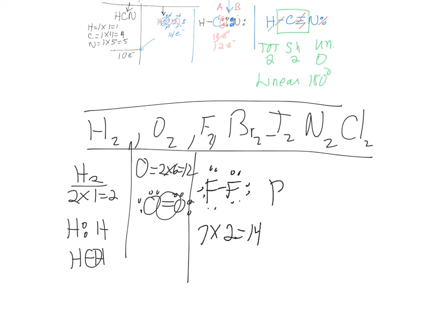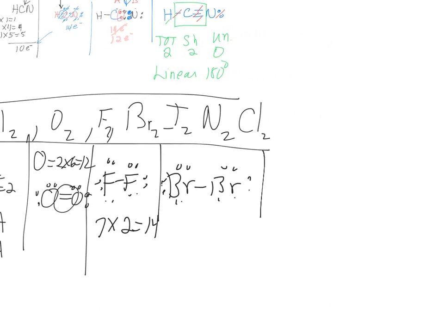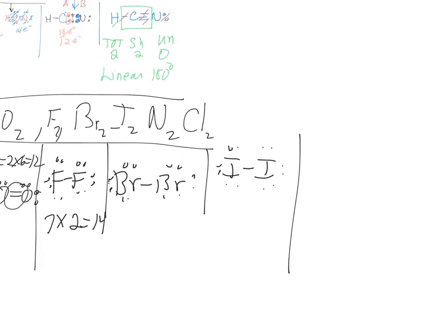The same with bromine. The same with iodine. All the halogens, all 14 electrons. The same with chlorine.